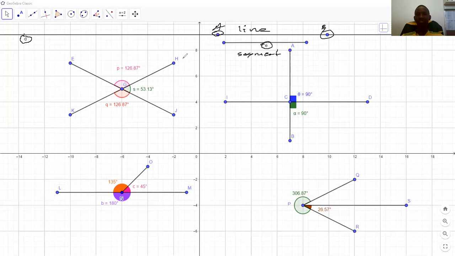But one thing that you should know about a line: it does not have a starting point, does not have an ending point. So what we're gonna do basically here, to be very clear with the vocabulary, in other words, the terms that we use in geometry, I will be basically constructing segments in most cases, okay?